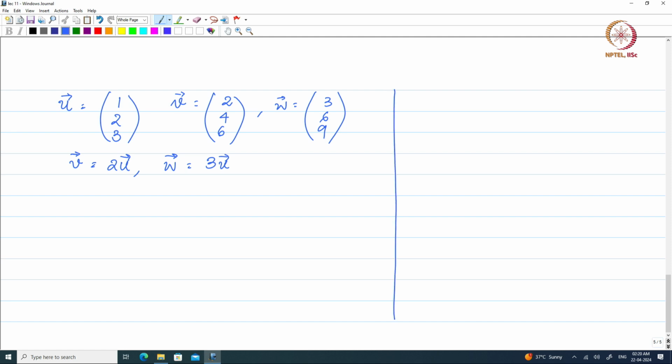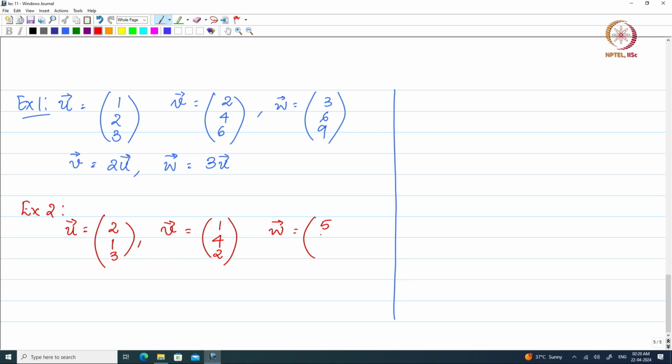Let us take another simple example. This was example 1; let us take example 2. Suppose I have u equal to 2, 1, 3, v equal to 1, 4, 2, and w equal to 5, 13, 9.